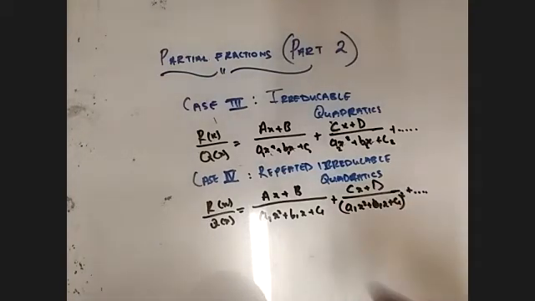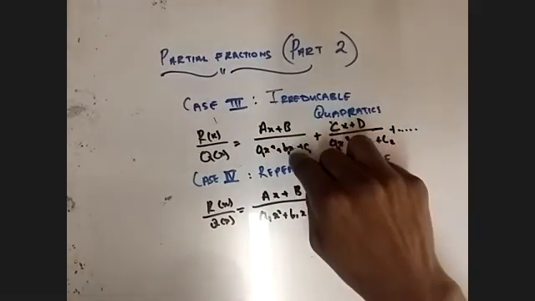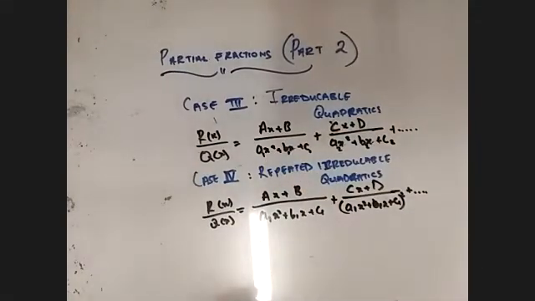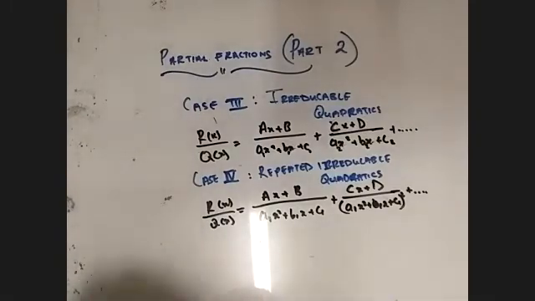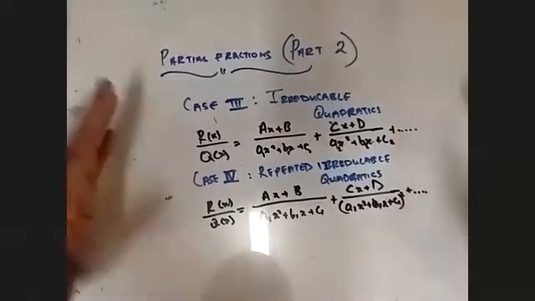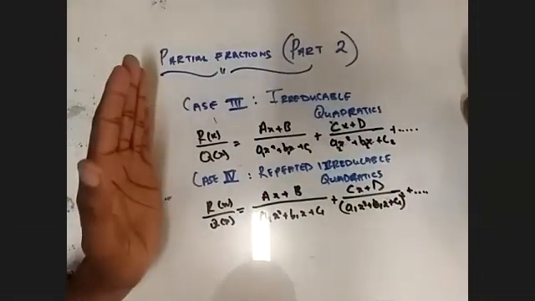In the last session, when we were doing repeated linear factors, do you remember? Let me take an example so we can see whether we are still on the same page. But these are the main cases we're going to be doing today.